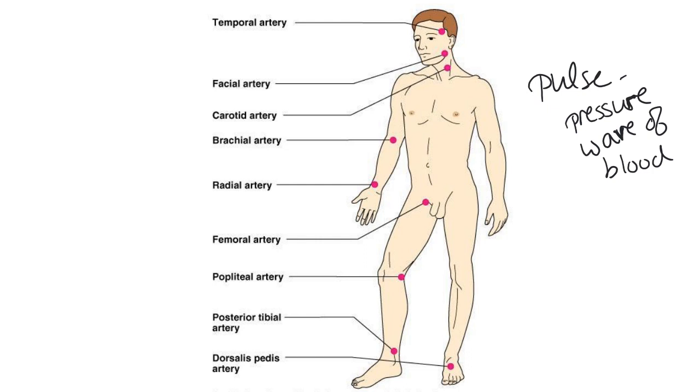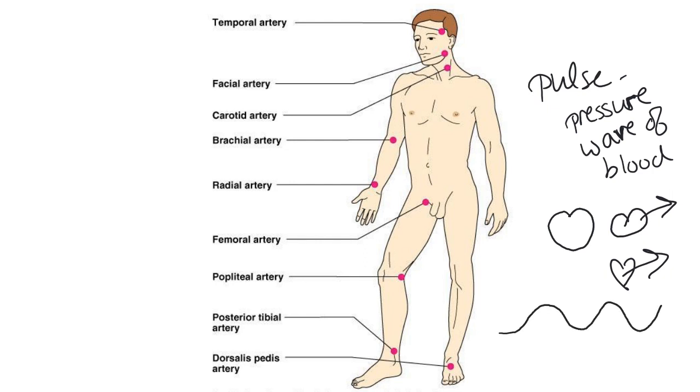Every time the heart contracts, it forces blood, and then it relaxes again, and then it contracts and forces blood. So the blood is flowing in this boom, boom, boom manner each time the heart contracts. So pulse is just that pressure wave of the blood.